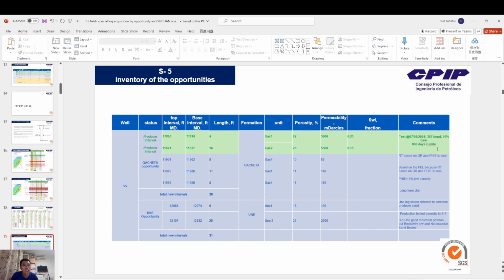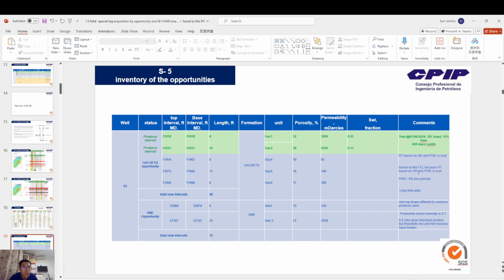The ESP run life around 808 days. New intervals of Gajita include the RT based on gamma and porosity, seal based on the FEL.